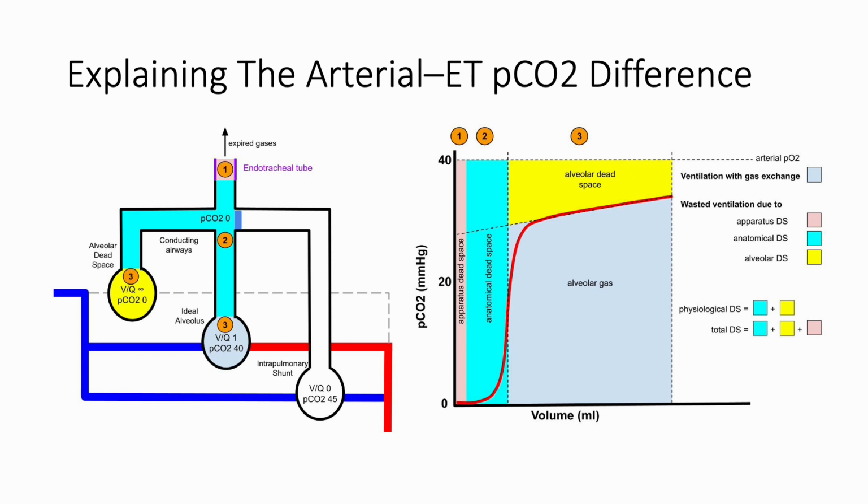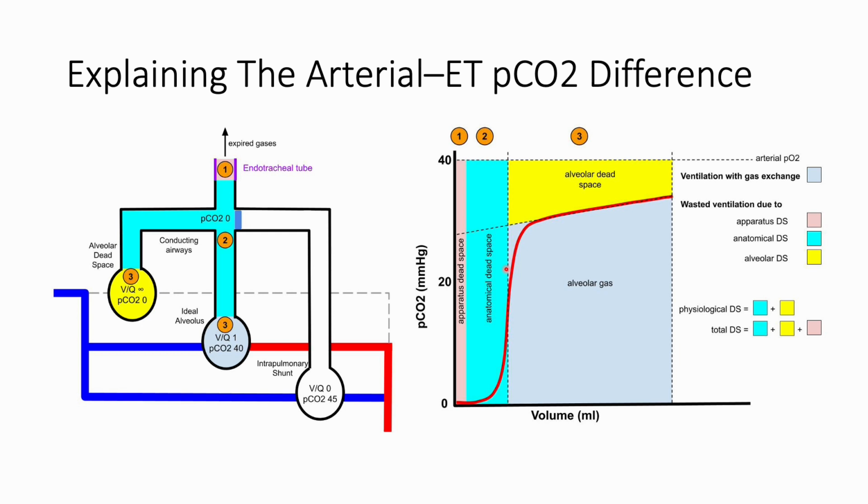We should also recognize that the capnograph trace is actually not a perfect square wave, that phase 2 is slightly gradated and phase 3 is slightly upsloping, and we should be able to explain this appearance. Phase 2 is the transition between anatomical dead space gas and alveolar gas, and there are 3 reasons why that transition isn't completely abrupt.